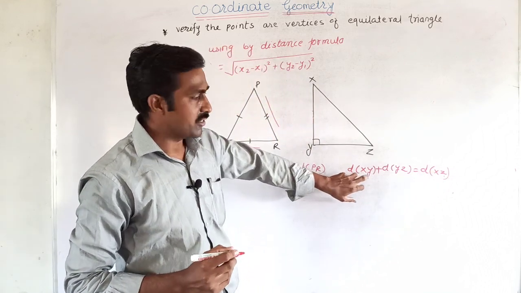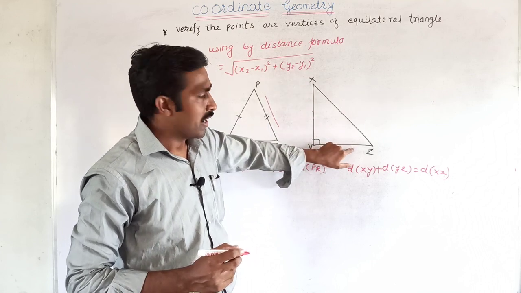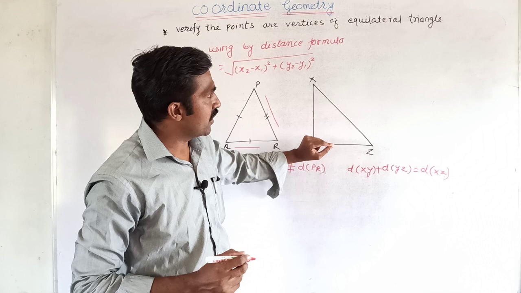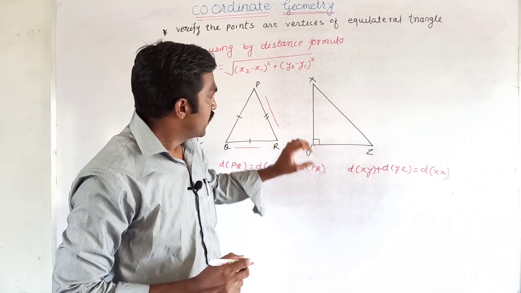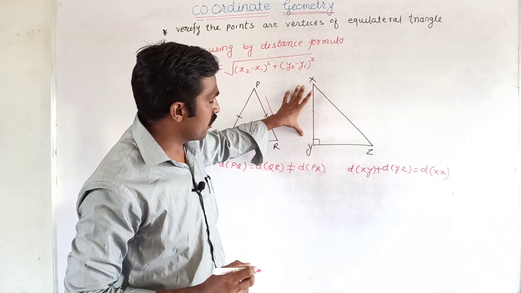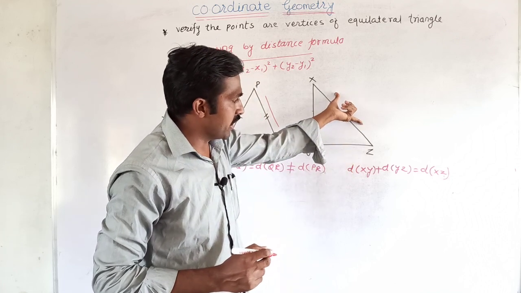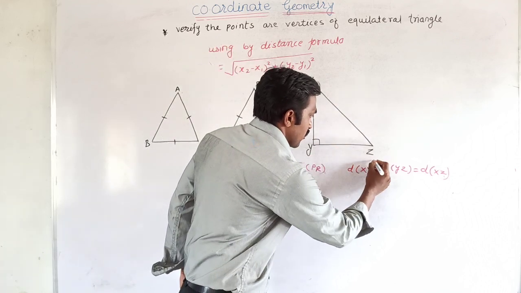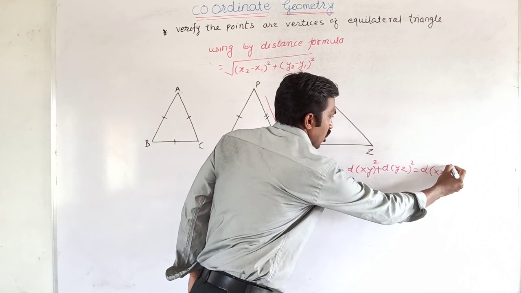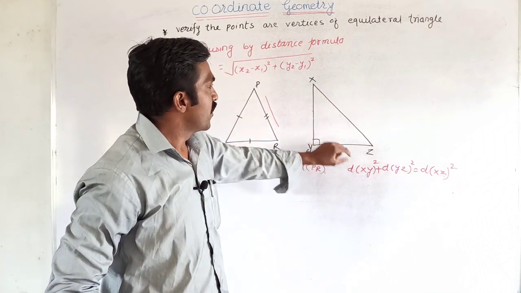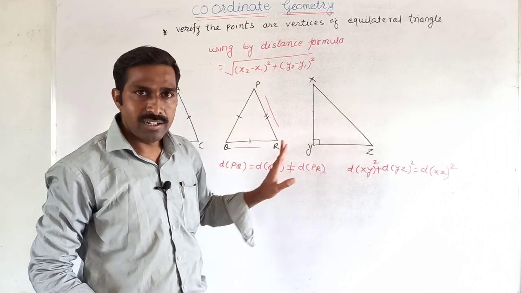Right or wrong? Wrong. To identify whether X, Y and Z are the vertices of a right angle triangle, use the Pythagoras theorem: XY square plus the other side YZ square is equal to XZ square. Then the points X, Y, Z are the vertices of a right angle triangle.